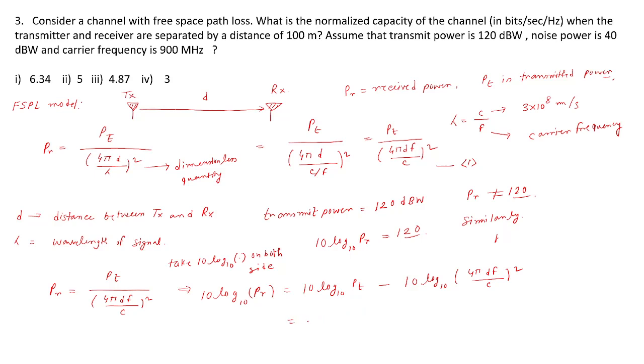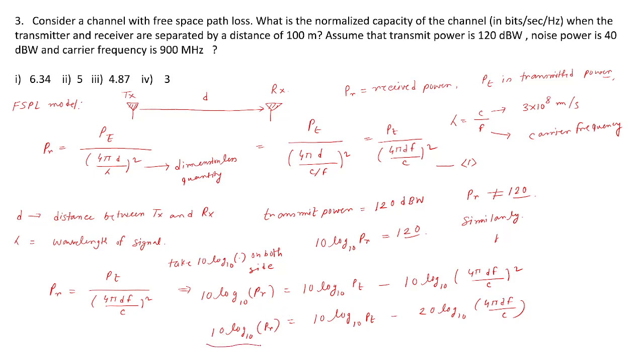You can further simplify that: 10 log base 10 PT minus 20 log base 10 4 pi df by c. This side you have 10 log base 10 PR.